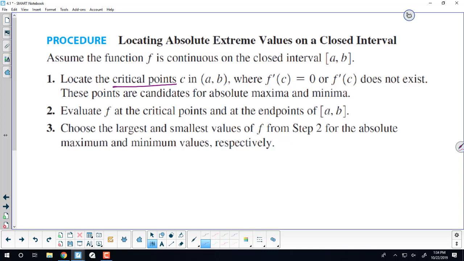Critical points, again, first derivative 0 or undefined. These points are candidates for the absolute max and absolute min. And just like we saw, the absolute max and min could also correspond to a local max and min. So the critical points are candidates for absolute max and min and local max and min.